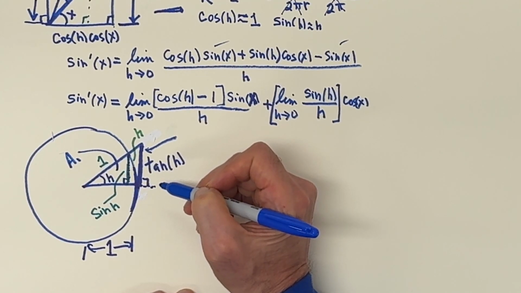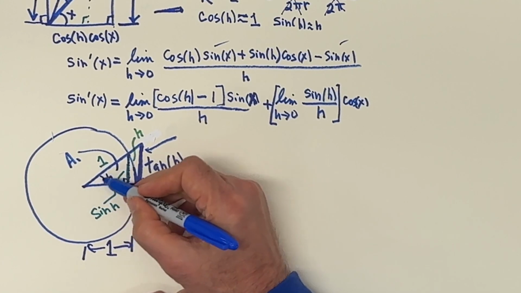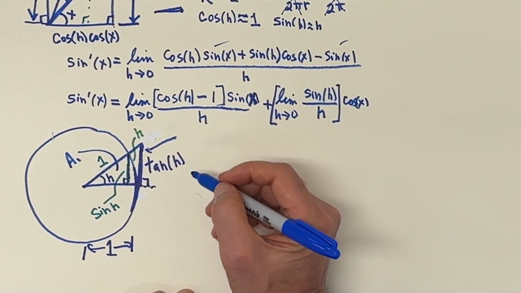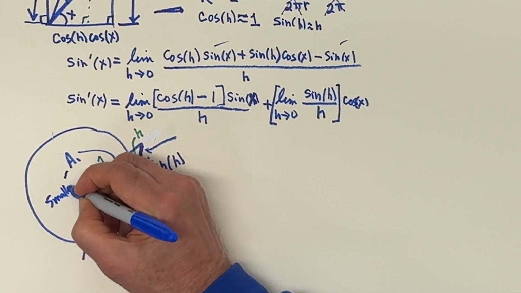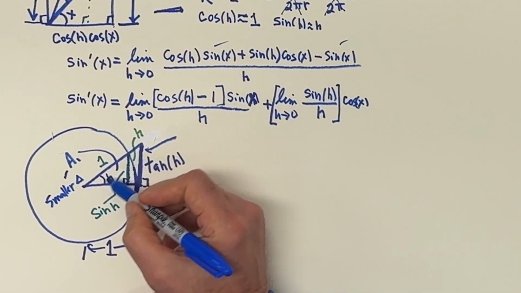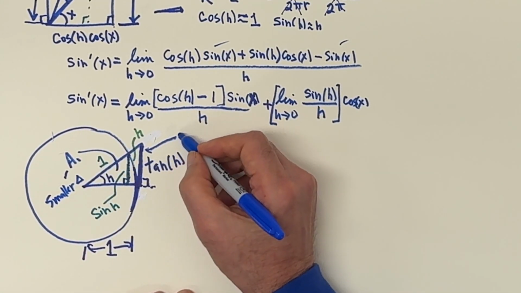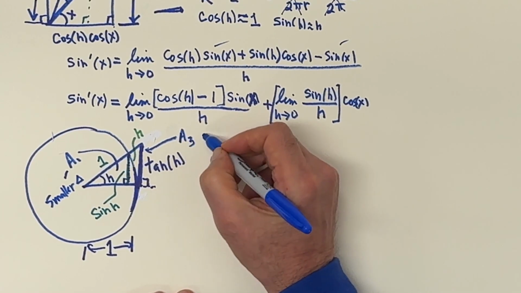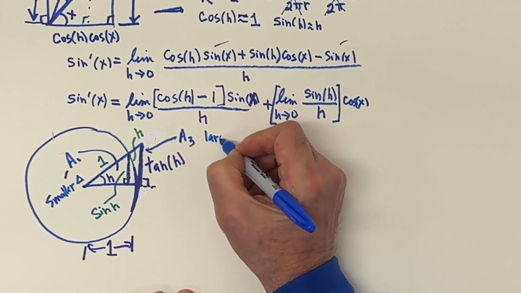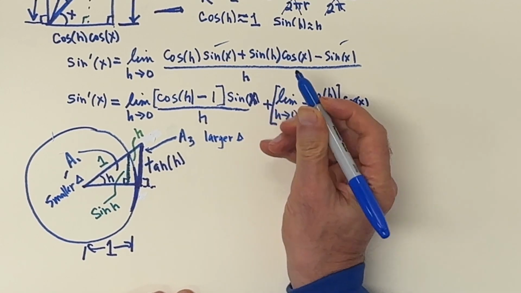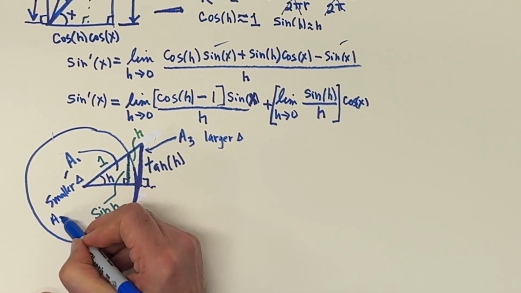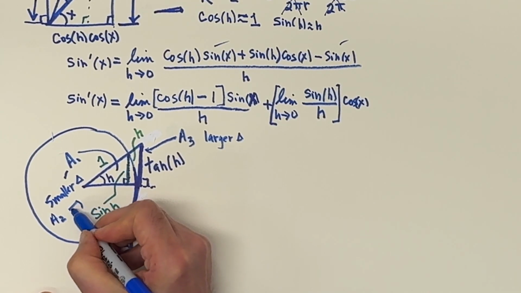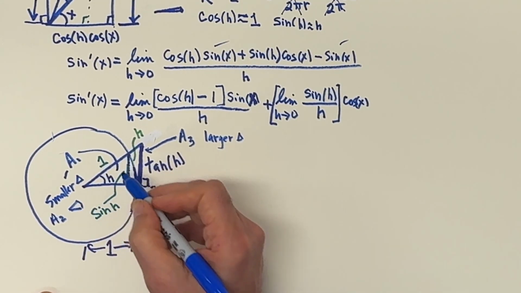Then let's call A2 the area of the pie, the piece of pie area.